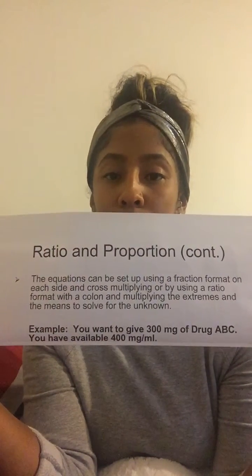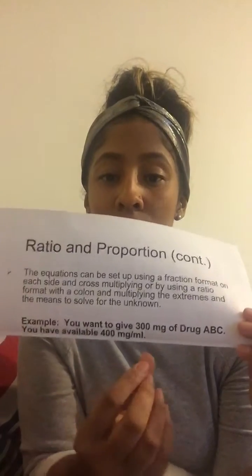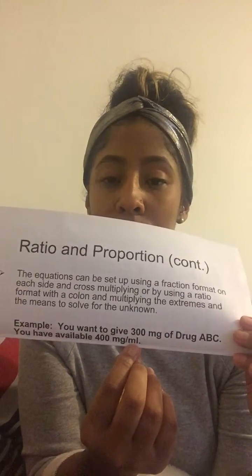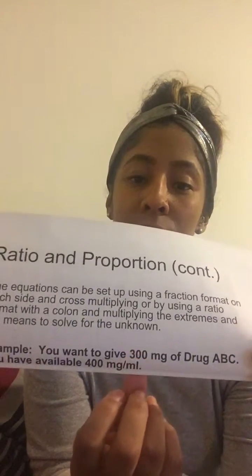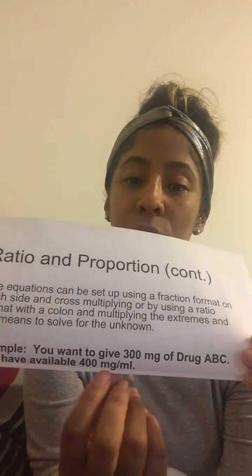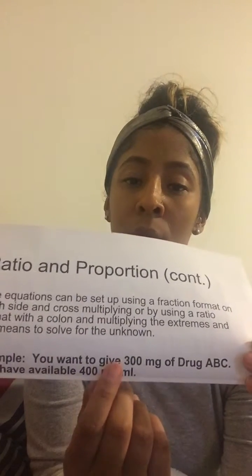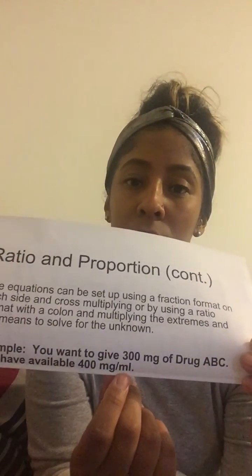So this again is going to be your ordered or desired over have times your supplied method. So when you see that slash milliliters, this is your supplied method. So it comes in 400 milligrams per milliliter, 1 milliliter. You would read that as 1 milliliter. So how would you set that up?